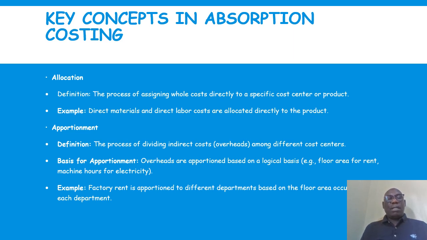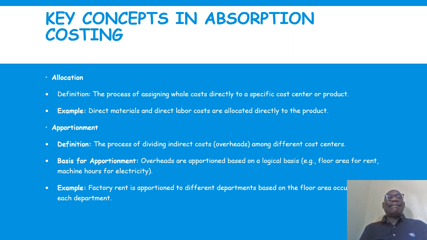Now we move on and try to appreciate the key concepts in absorption costing. The following are the key concepts in relation to absorption costing. The first one we're going to look at is allocation. So now the question is, what do we mean by allocation in the context of absorption costing?